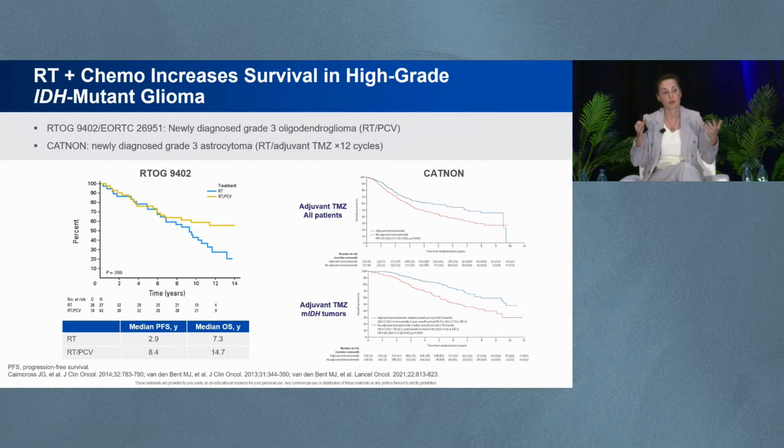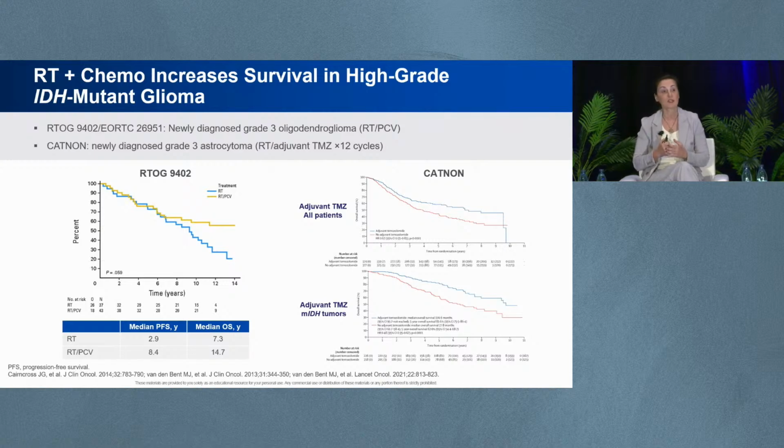The most conclusive level 1 evidence we have is deriving from RTOG 9402 and EORTC 26951, where addition of PCV to RT significantly prolonged survival, again, doubling of the median overall survival.